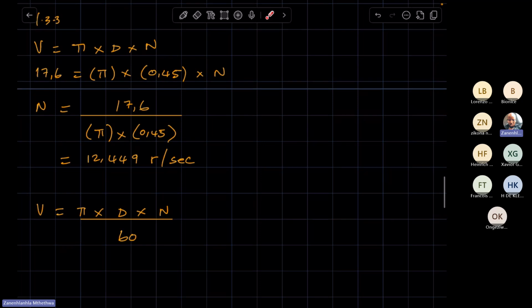So we took this approach. We didn't divide by 60 because they wanted us to express this as revs per second. But if they wanted us to express this as revs per minute, then you divide the formula by 60, thus making this, after substituting here and making n the subject of the formula, whatever you get will be in revs per minute.